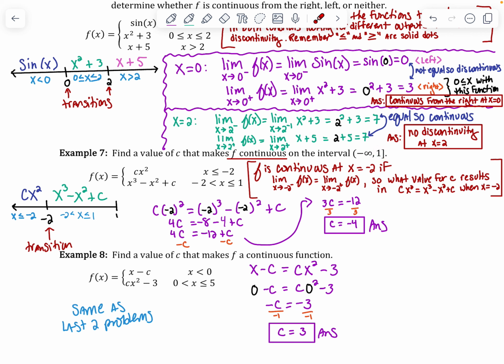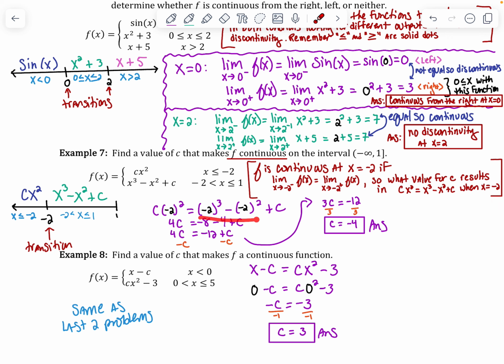So I want this transition point of negative 2 to have the same limit on the left as the limit on the right. I need these two limits to be equal. So basically, I need the two functions to be equal when x is negative 2.